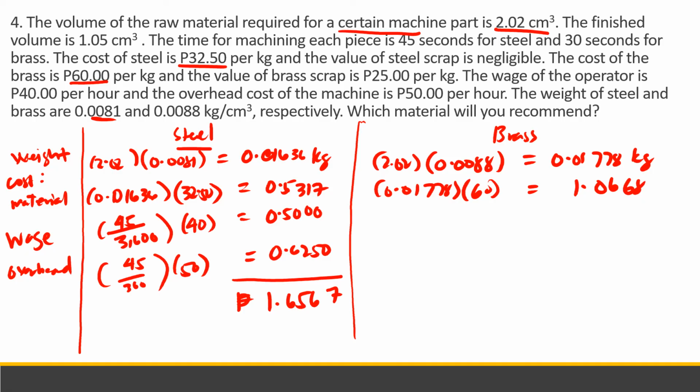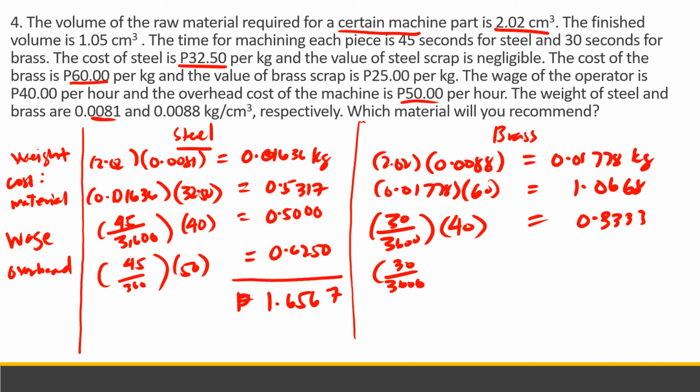And then for the wage of the operator, so 30 seconds for 40 pesos per hour, giving 0.333. And then for the overhead, times 50, 0.4167.